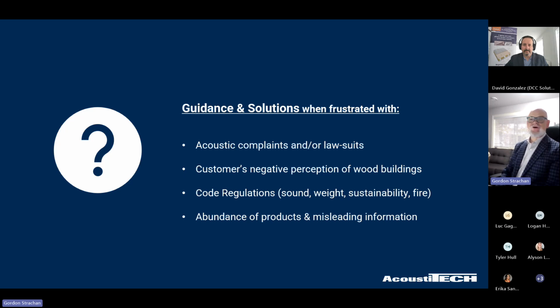So what do we do on a day-to-day basis? Who is Acoustic? What are we? Acoustic actually represents a number of brands. As I mentioned, DCC, David, who's here with us today, they represent Firmacell coming out of Germany, a James Hardy brand. We also represent Suprema and all of their acoustic lineups, so not their building envelope products, but anything acoustic that comes out of their portfolio.